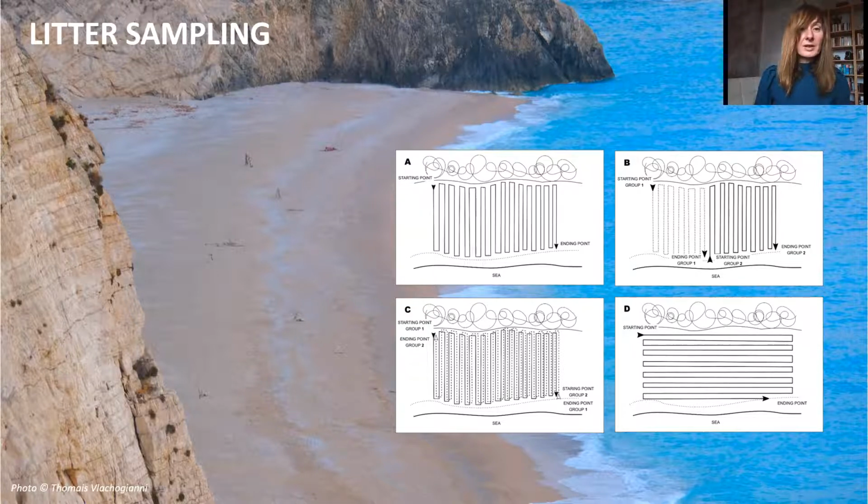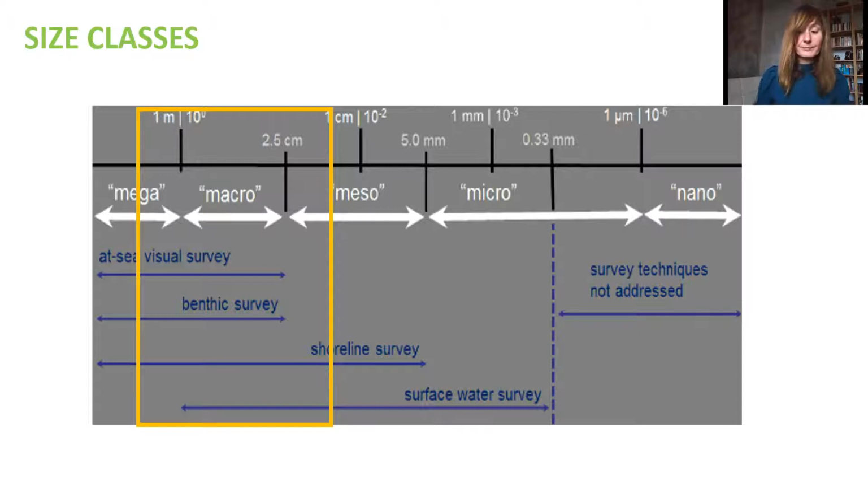When it comes to the sampling process, there are different approaches that can be deployed, and there is a wide variety of ways to move, either in parallel or perpendicular to the strand line, and also different numbers of surveyors can participate in this activity. The important part of the sampling process is to collect all the litter items that are larger than 2.5 centimeters in the longest dimension.